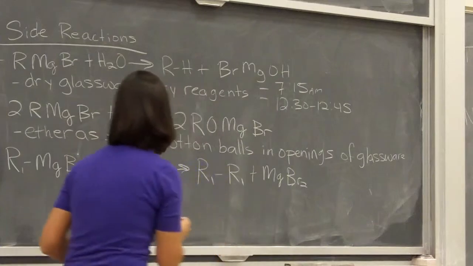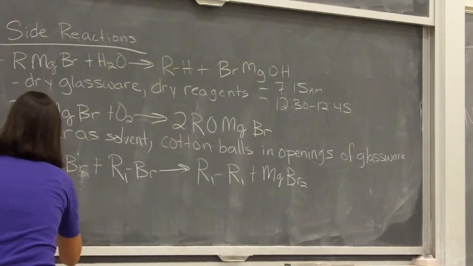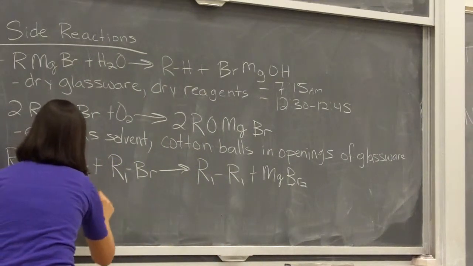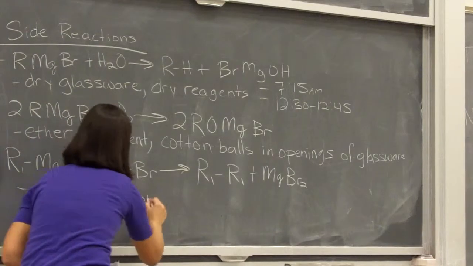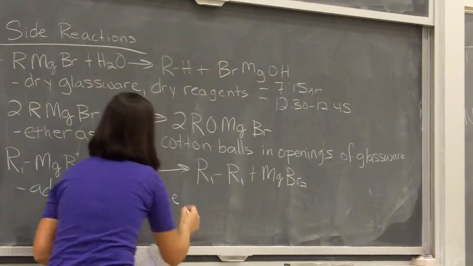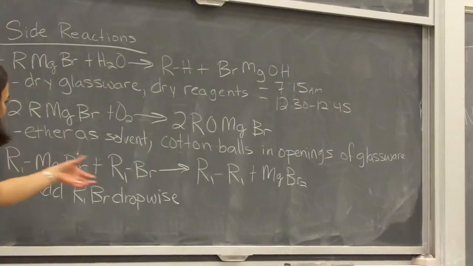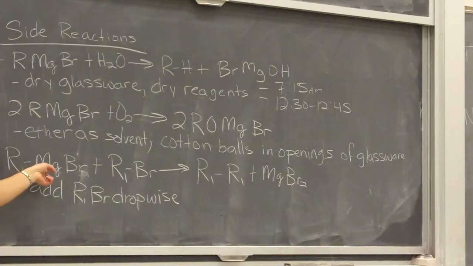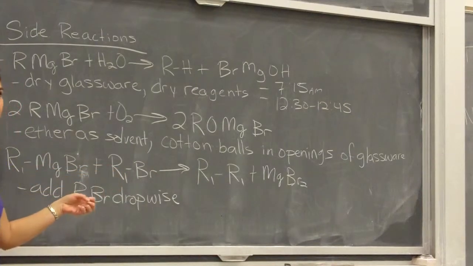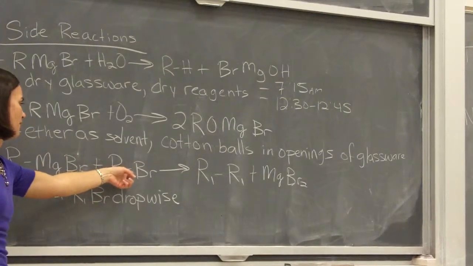So to prevent this, we're going to add our alkyl bromide dropwise in a controlled fashion, so we don't get a high concentration of alkyl bromide in the presence of our already formed Grignard reagent. So we basically want this to form as this is added, and we don't want a lot of buildup of this.